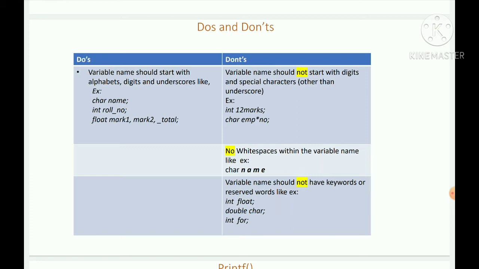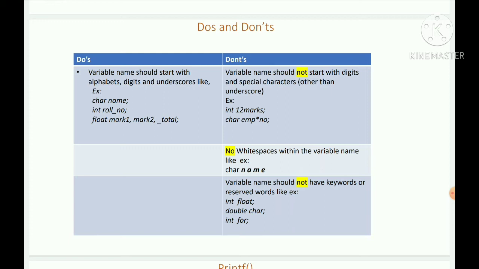The next rule is that a variable name should not be a keyword or reserved word. What are keywords or reserved words? Say I declare a variable where the data type is int, but the variable name I give as float.